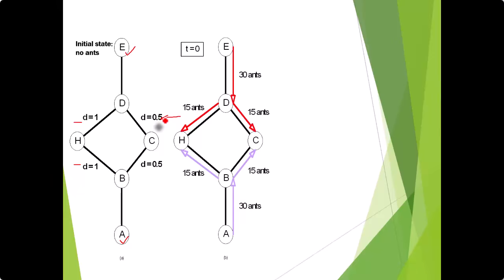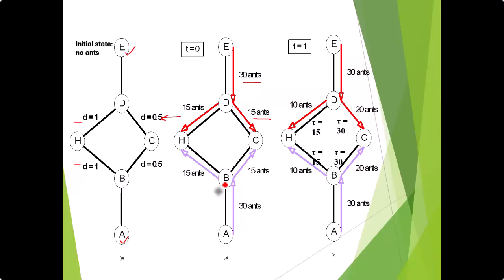At the beginning, when the ants want to travel from E to A, or vice versa, there is no difference. So 30 ants start traveling, and then 15 of them travel from this part, and also 15 of them travel from this part, because they don't know the length of the tour and distance of the different paths.